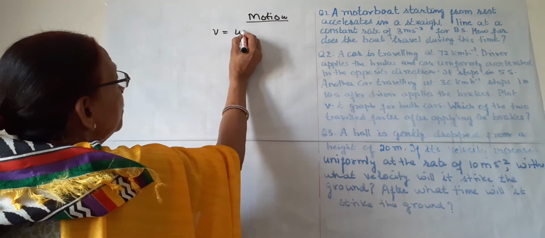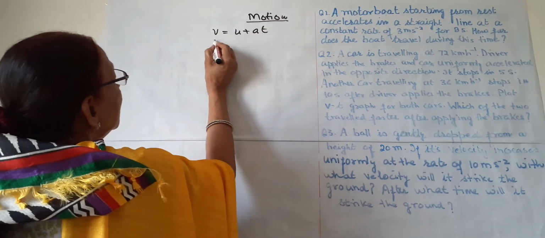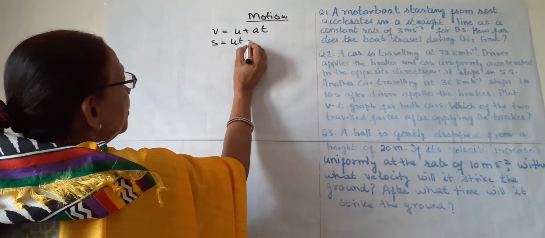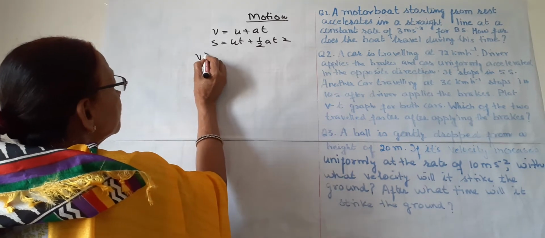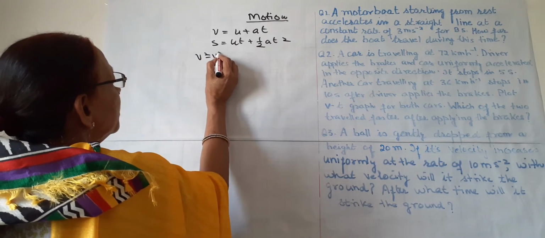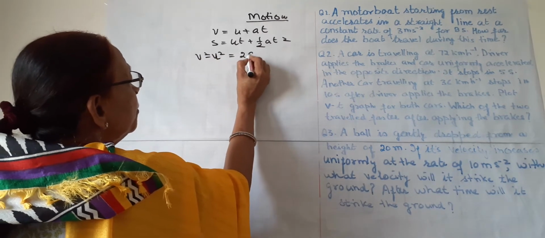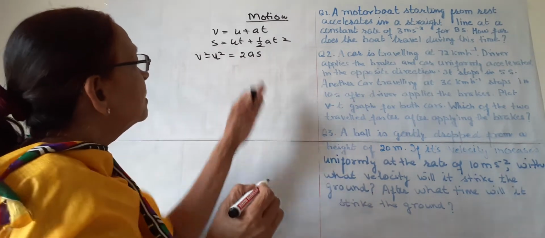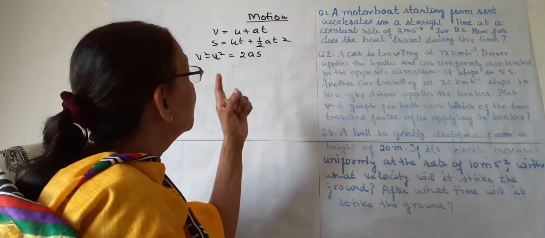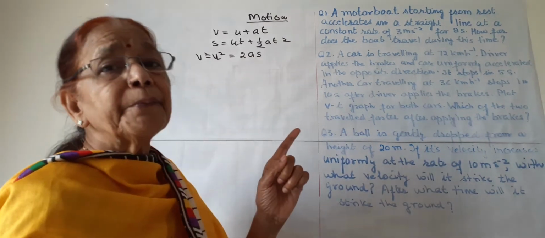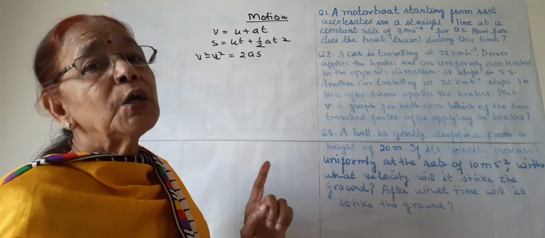v is equal to u plus at, then s is equal to ut plus half at square, then v square minus u square is equal to 2as. These are 3 equations of motion, and these equations are valid when the acceleration is uniform.